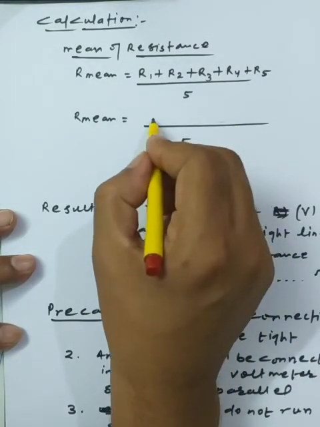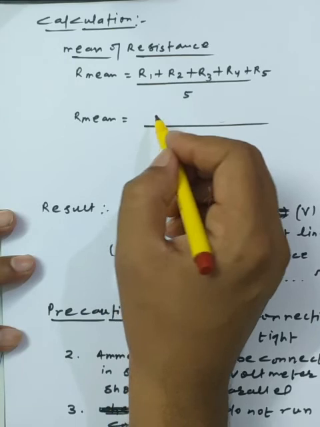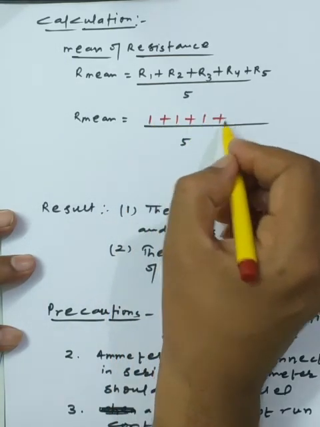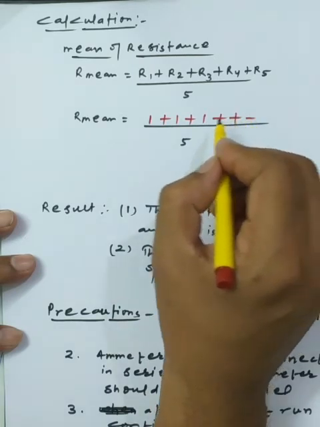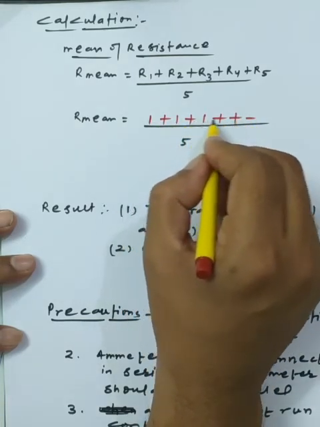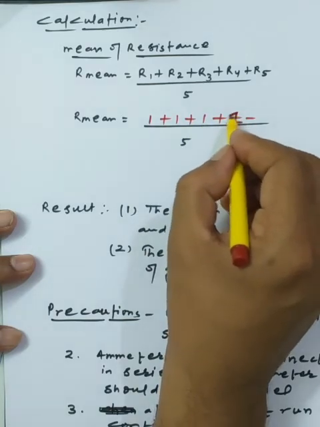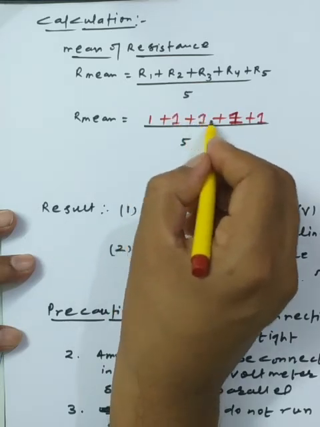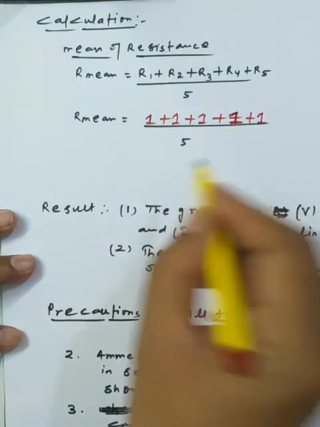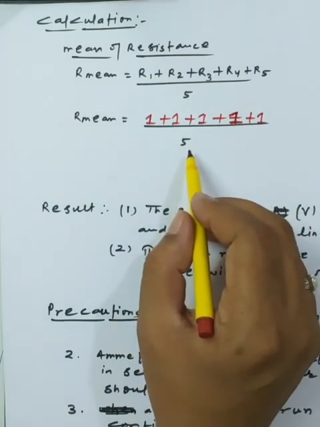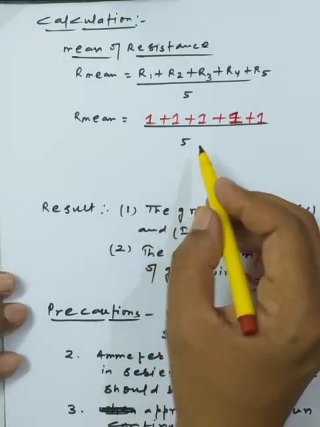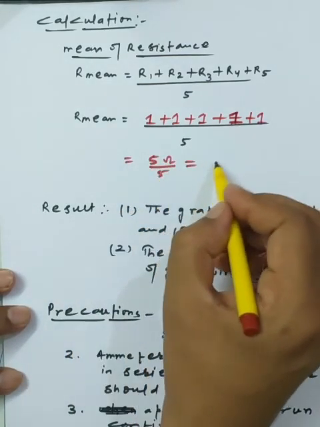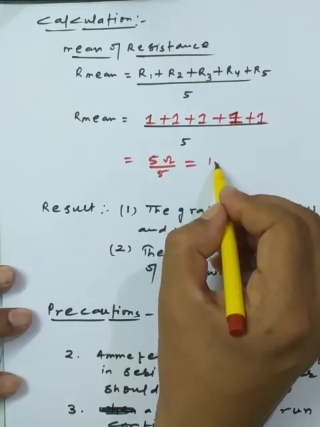The R1 section we have got is 1 ohm, plus 1, plus 1, plus 1, plus 1. Because we have made 5 measurements, it is to be divided by 5, so you easily get the average. 5 ohm divided by 5, so the standard value of the resistance of the resistor is 1 ohm.